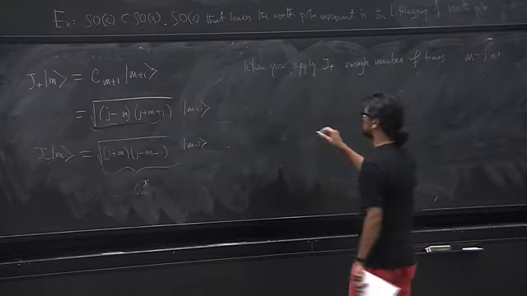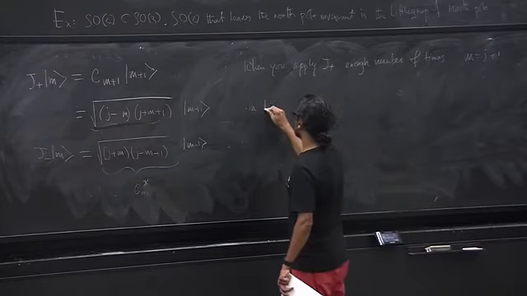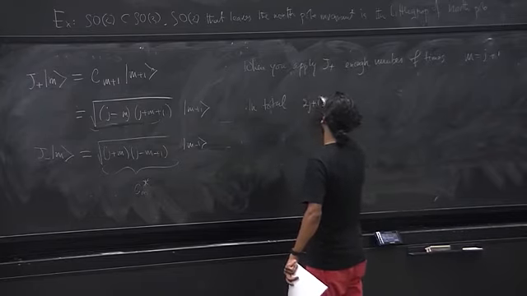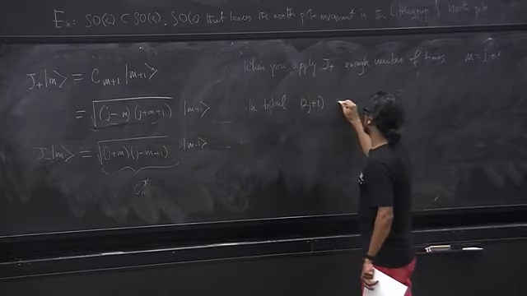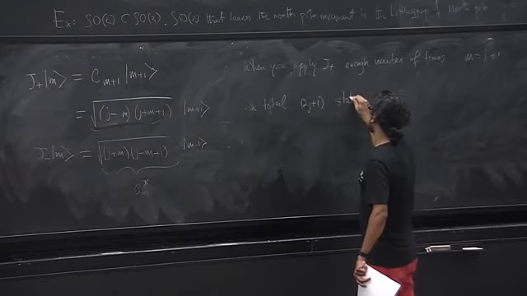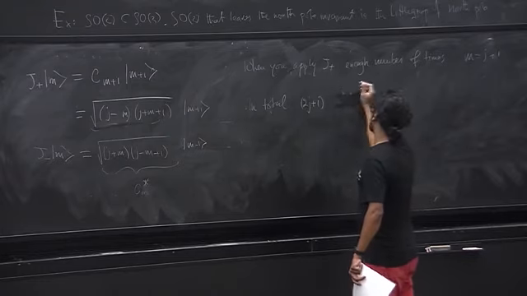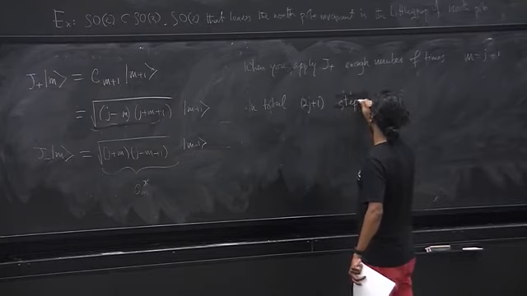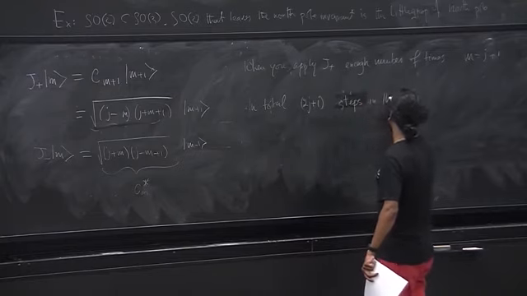So in total, you're going to have 2j plus 1 states, well, let's say steps in the ladder, right?